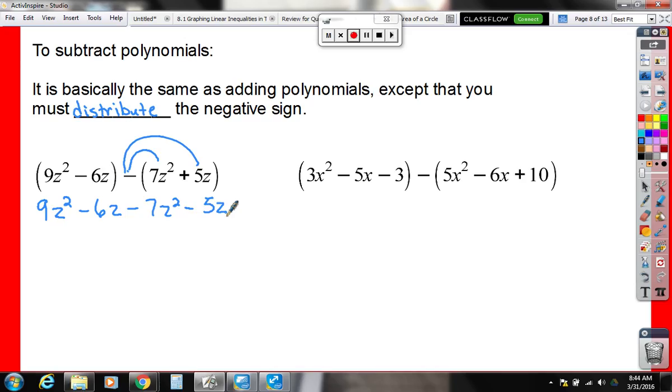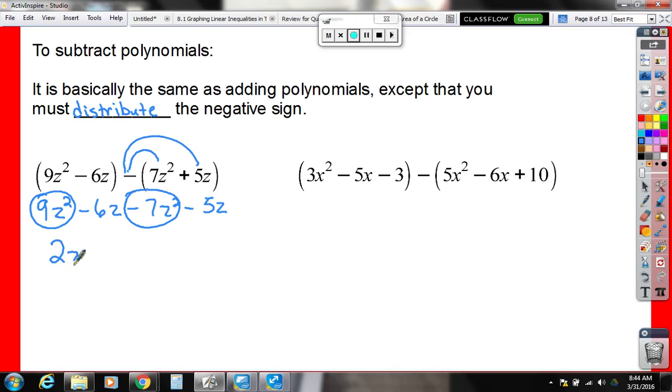What am I going to do next? Well, you just kind of joined us. It hasn't sunk in yet. Aiden, what do I do next? Okay, so what can I add here? Anything? Negative 7z squared. Good. And what do I get when I combine those? 2z.